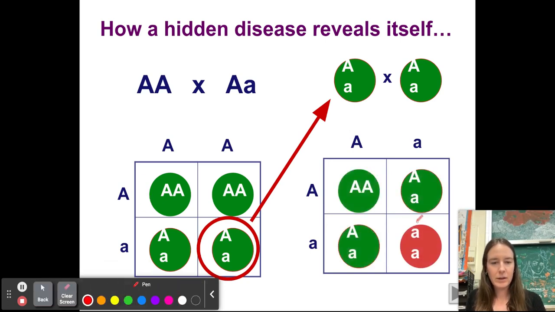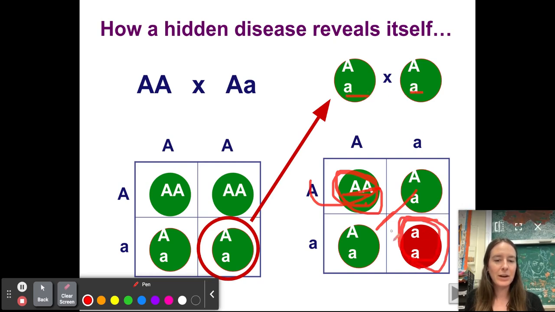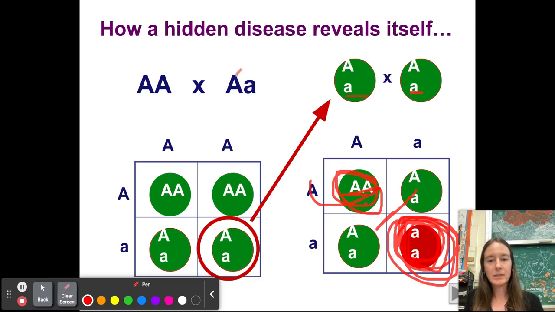You would have a 25% chance of homozygous dominant, so no recessive alleles, all working protein. A 50% chance of being a carrier. But there's a 25% chance, a small chance, that if both parents give you that little a, then you will have non-working protein and that genetic condition.